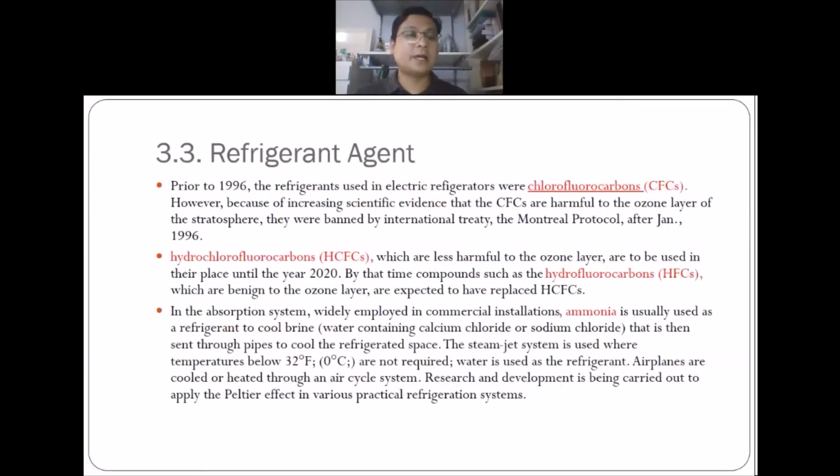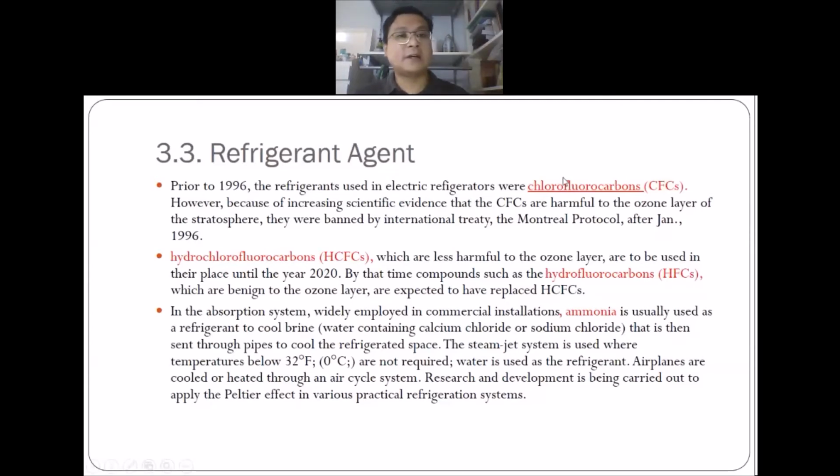Okay, now we go to the next subtopic on refrigerant agents. Prior to 1996, the refrigerants used in electric refrigerators were chlorofluorocarbons, or CFCs.